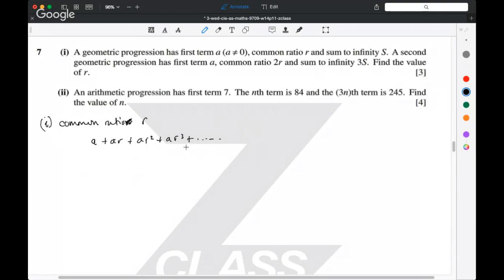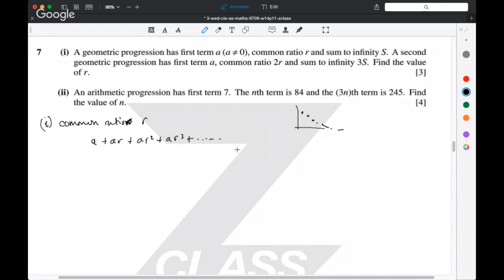So the common ratio is always R. Now, if R is smaller than 1, each power of R will be smaller and smaller, so the terms will get smaller and smaller, and they may tend towards some value. It's called a convergent series. If R is bigger than 1, then each power of R is going to get bigger and bigger, and the series is going to diverge.